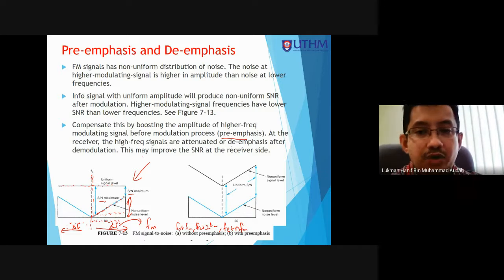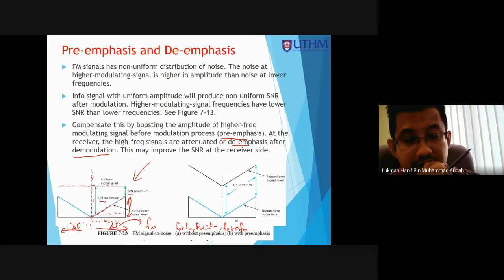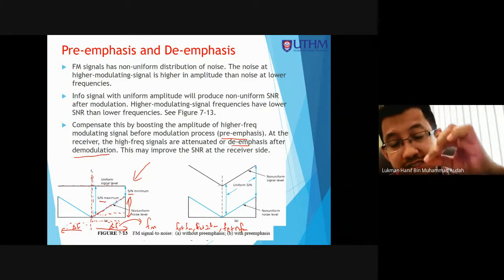This is what we call de-emphasis, after the demodulation. So kalau dilihat dengan adanya pre-emphasis and de-emphasis, kita akan memperbaiki amplitude of the signal.